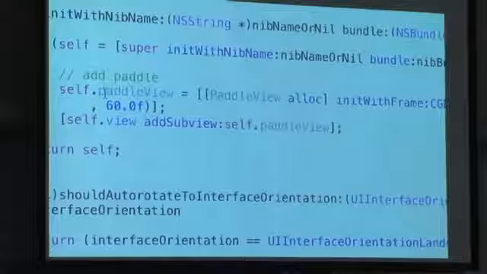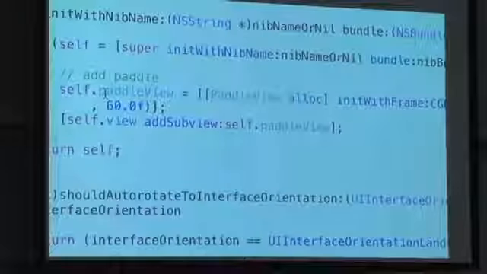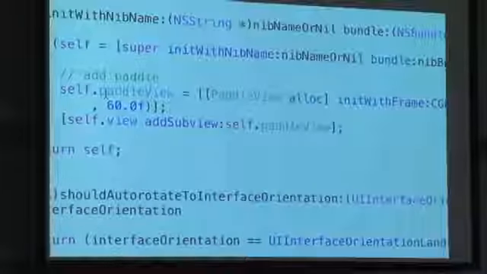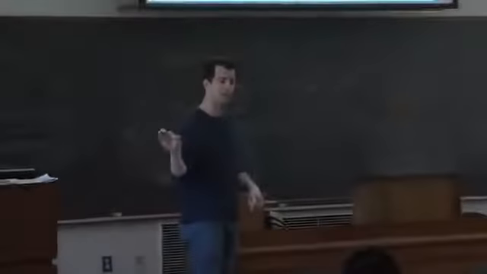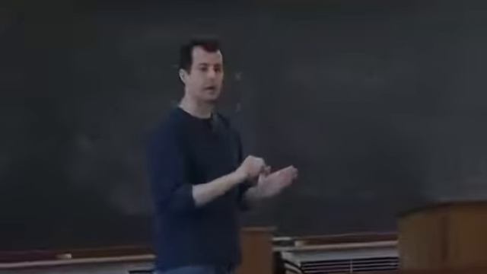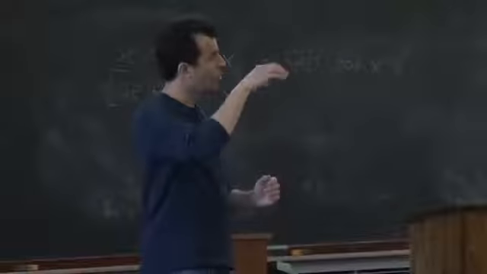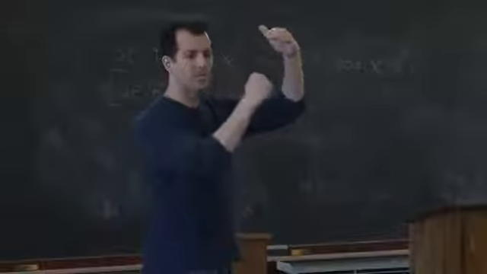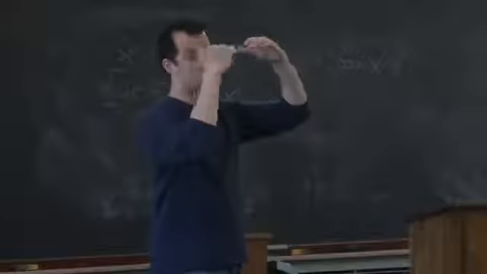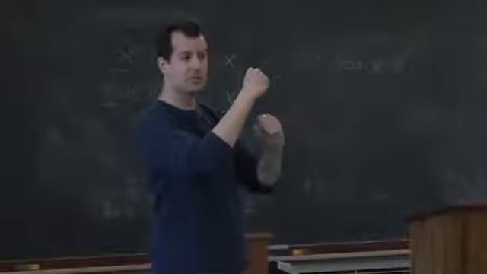And then what is the second and final line there doing? self.view addSubview. Well, GUI programming, at least in iOS, is entirely about hierarchy and layering one thing on top of another. So you recall in Interface Builder, when we've been dragging and dropping things, recall that they start creating a hierarchy of things on the left-hand side, where you can see that this UIView has a button inside of it. There's a text view inside of it.